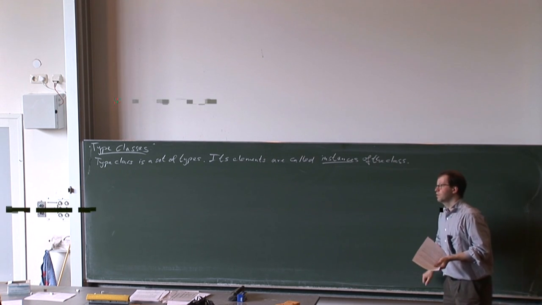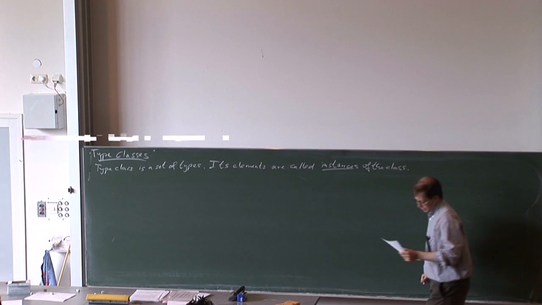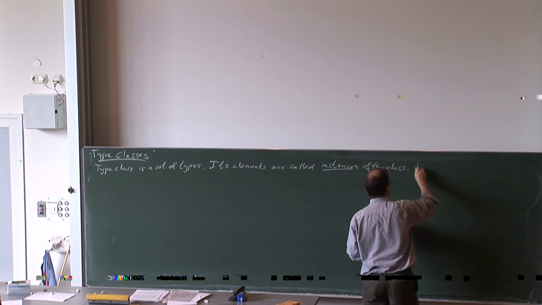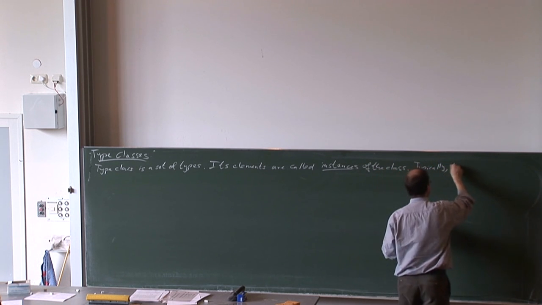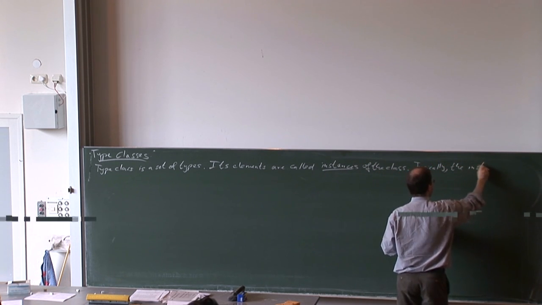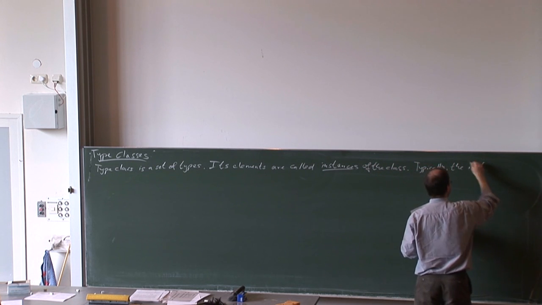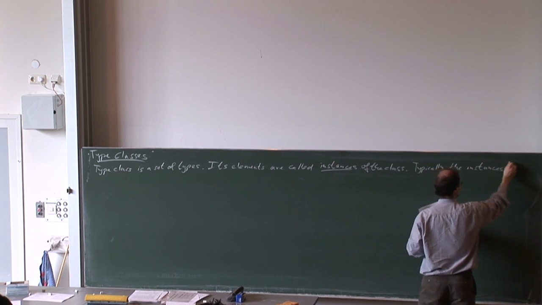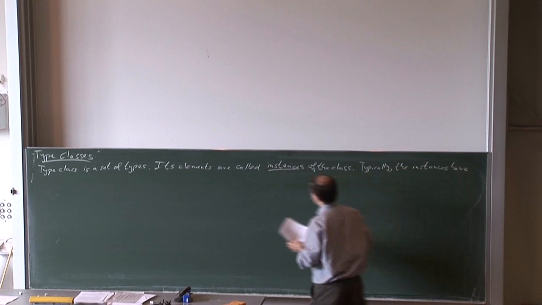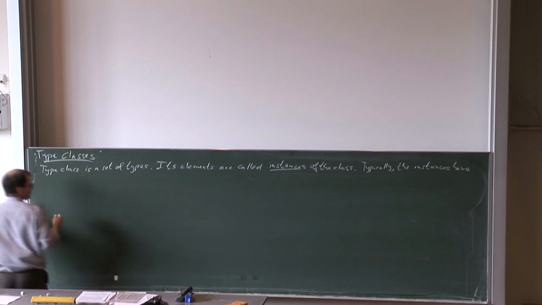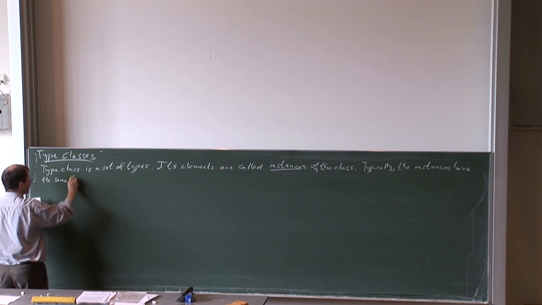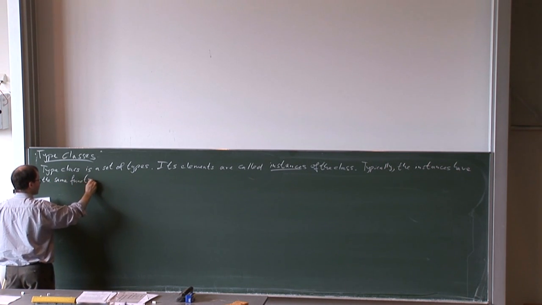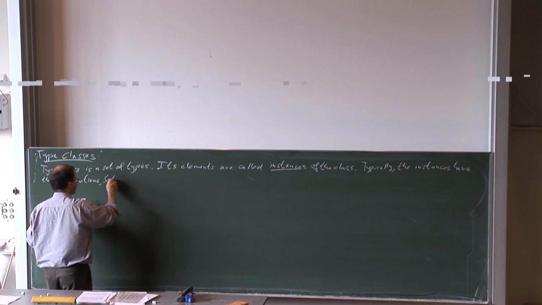So for those of you who know Java, this might look a bit familiar. So typically, these instances have the same functions. So there are functions on all of these types, but with different implementations.